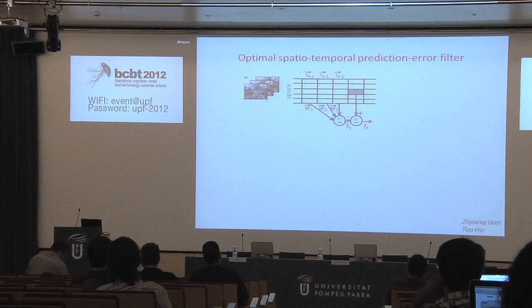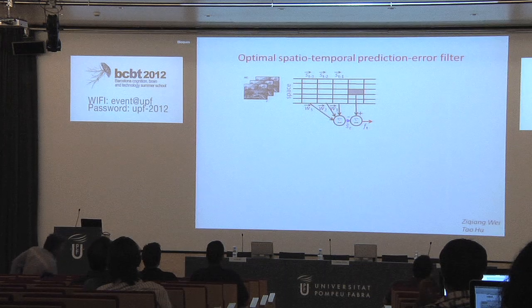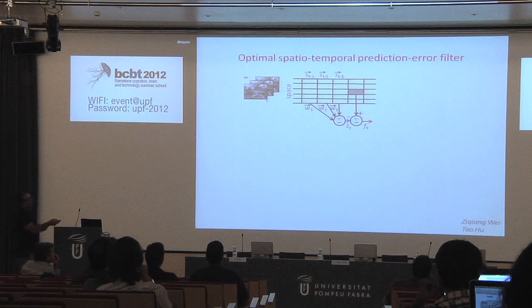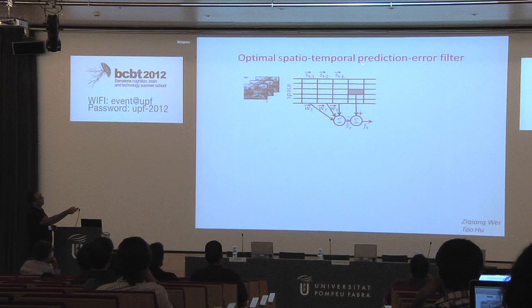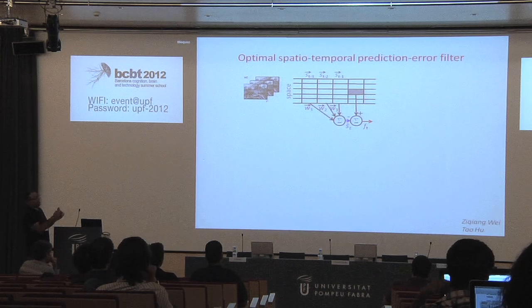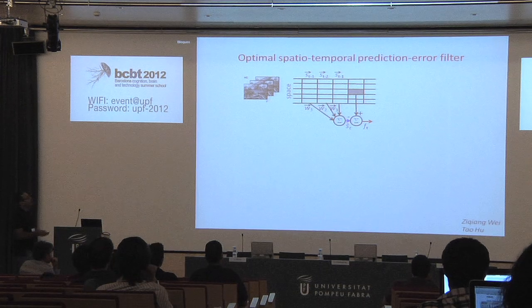Can we do that? In fact, we can. And this is the scheme that is the generalization of the one I showed before to the multi-channel case, where instead of having a single channel, where these are the values of the signal in time going back in the past, you have multiple channels corresponding to spatially adjacent ganglion cells.